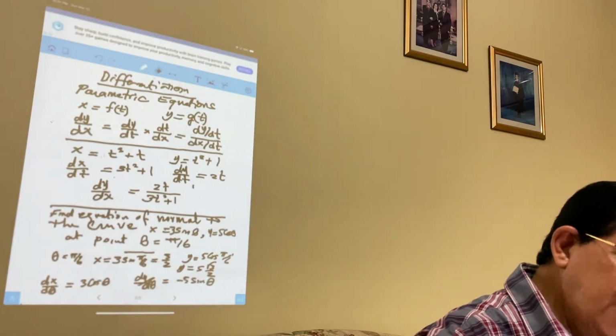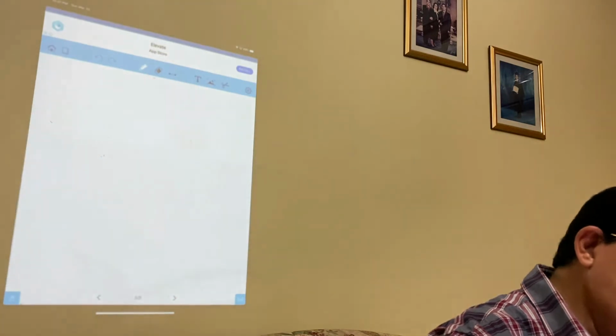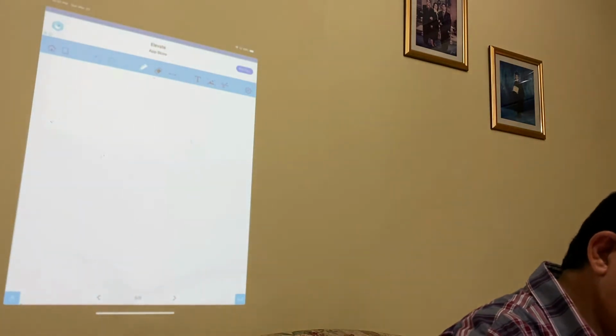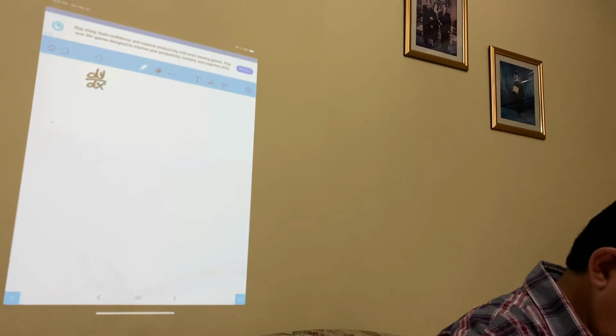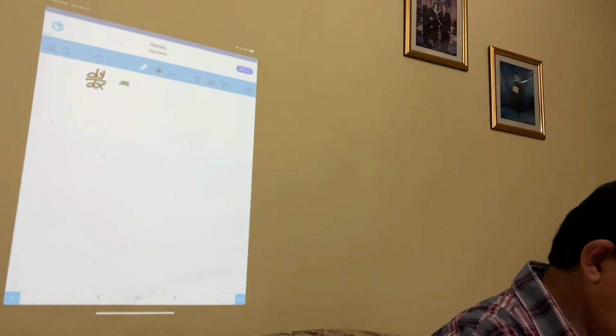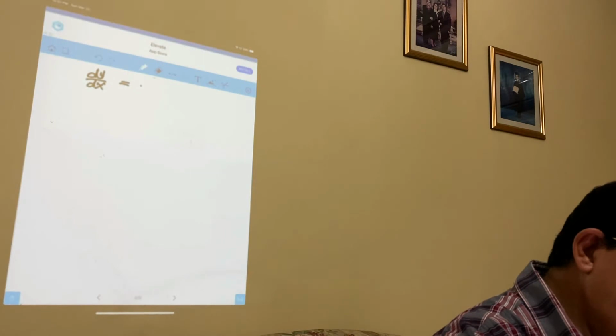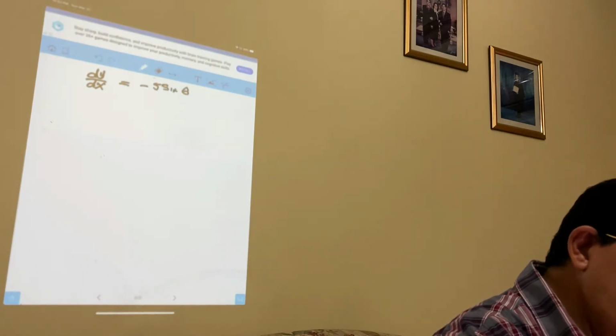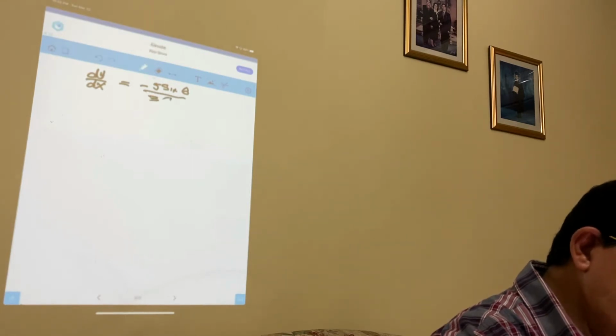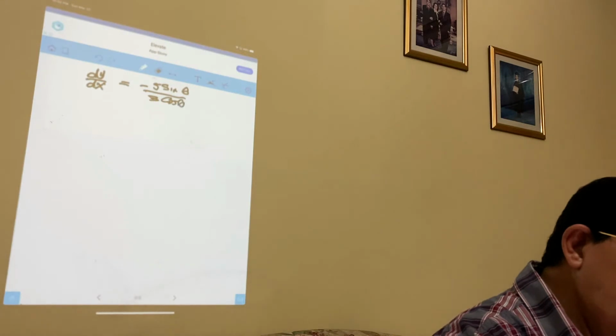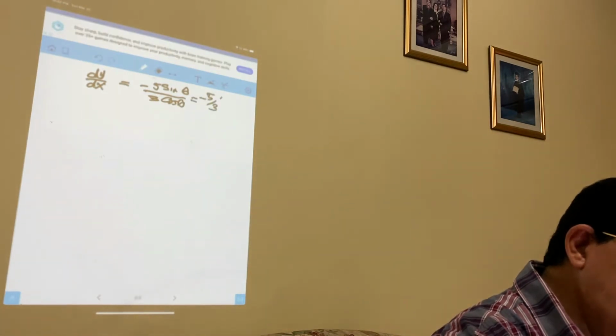Then we can get dy by dx. Therefore, dy by dx equals negative 5 sine theta divided by 3 cosine theta, which is negative 5/3 tan theta.